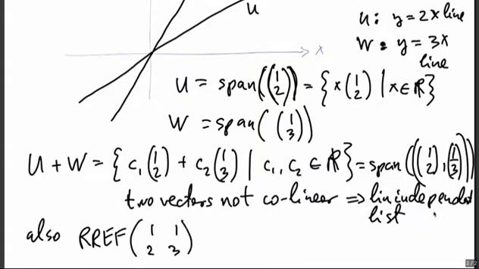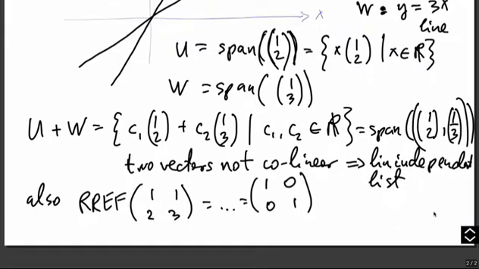I never talked about determinants so far in this course. The reduced row echelon form, you have to work it out, and on the homework you have to show your work. (1, 0), (0, 1), the matrix. So you have two pivots, and that means again that the list of two vectors is linearly independent.